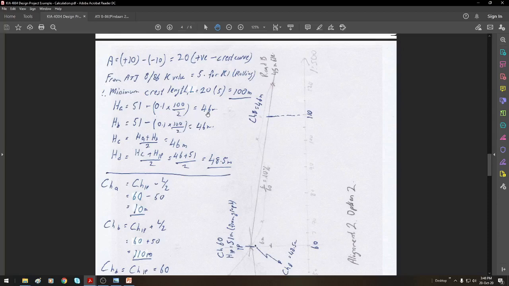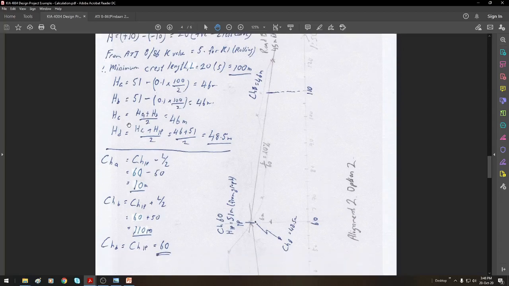So you get 46 meters. HB is the same because it is equal. You also get 46 meters over here, on the other side.